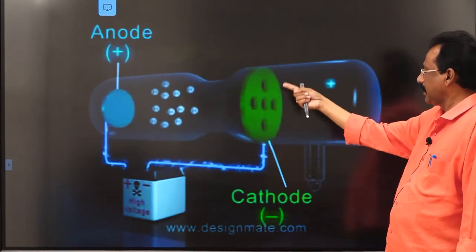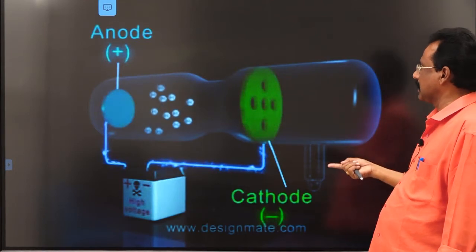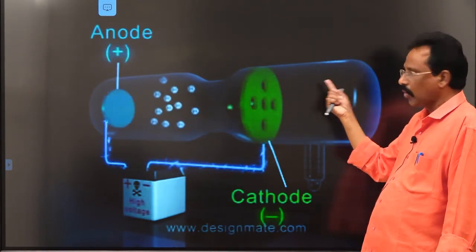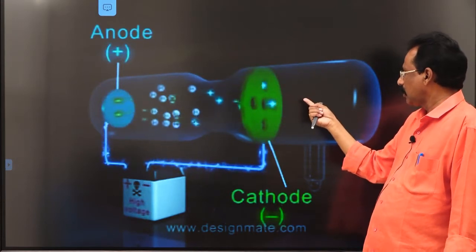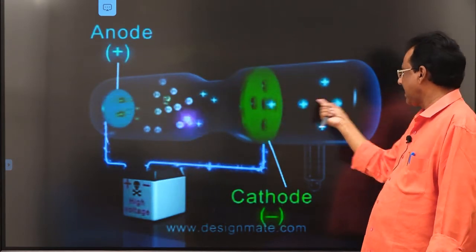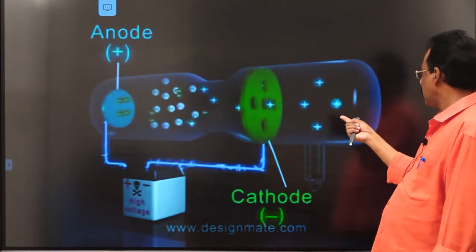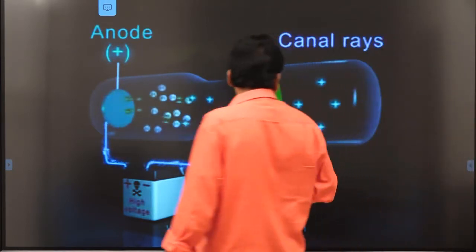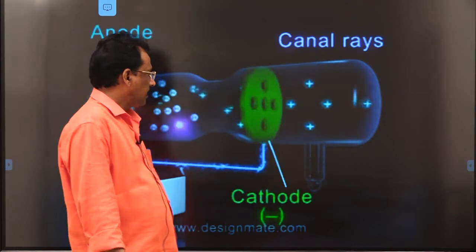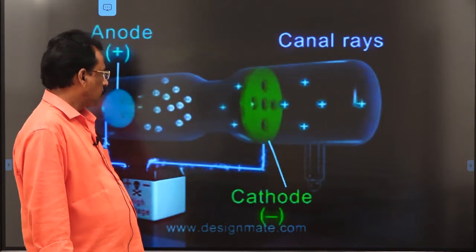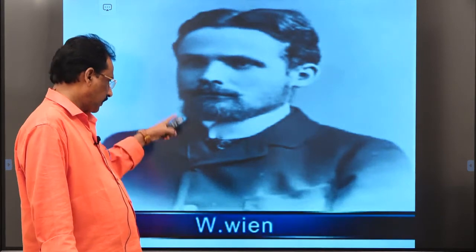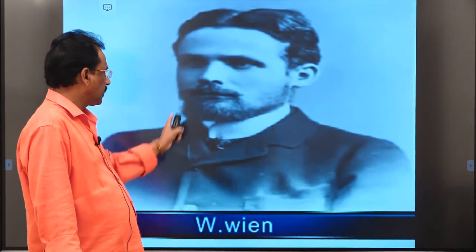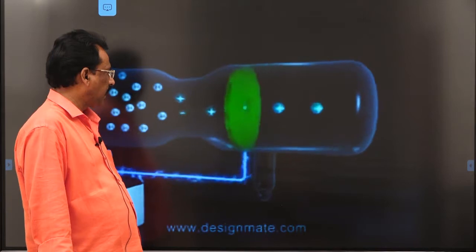This video clearly indicates cathode is having pores and positively charged particles travel through these pores. If they strike the zinc sulfide screen, they show some rate of deflection, and this apparatus was designed by Wien.